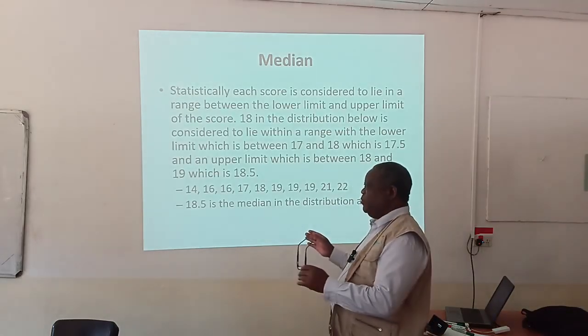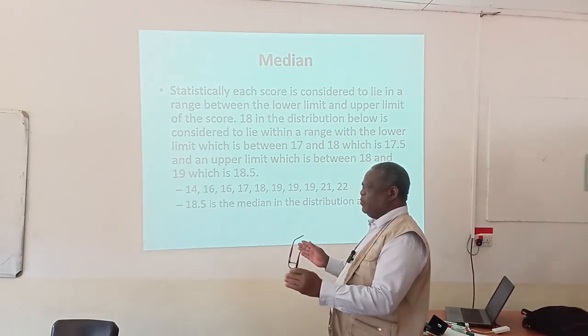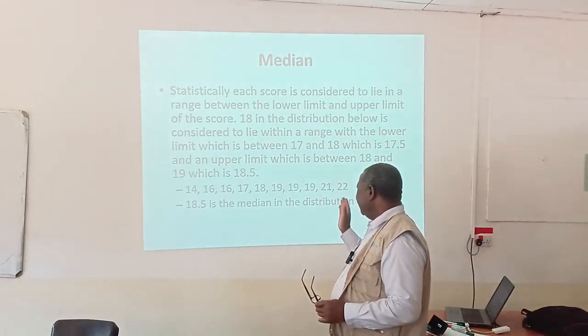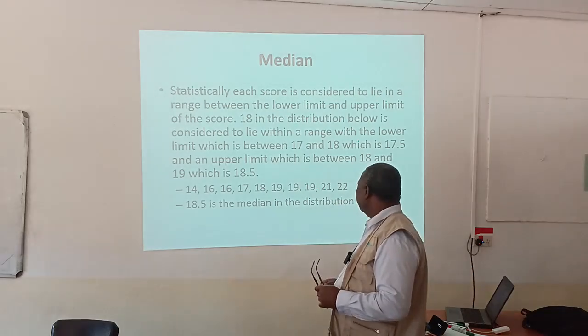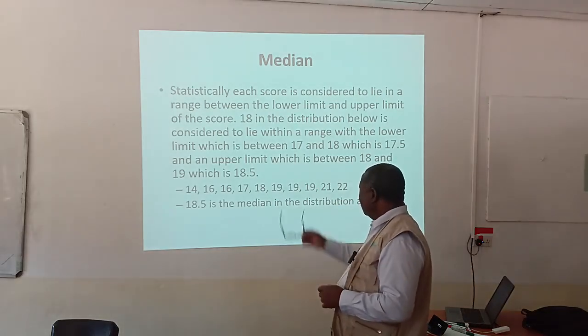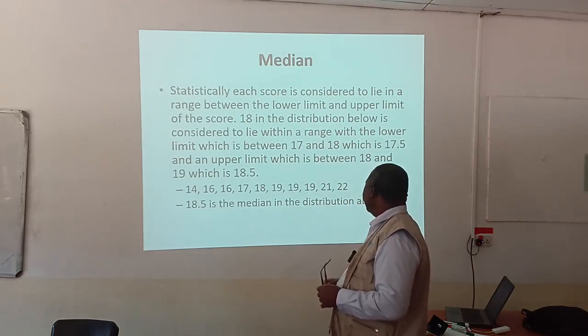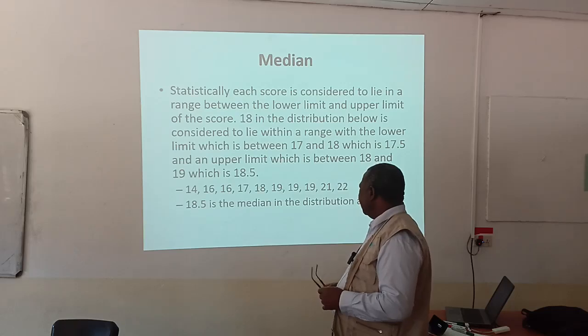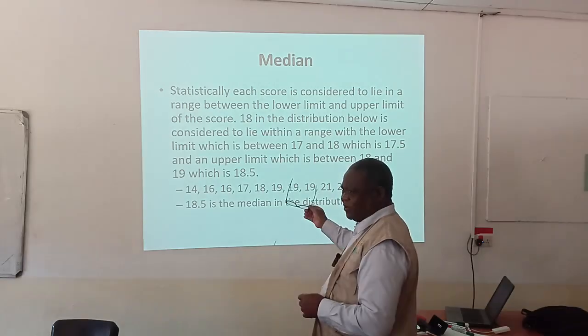So you have to compute between two scores where the midpoint is, and that's why we use the law of lower and higher limit or upper limit. I hope that is also clear.